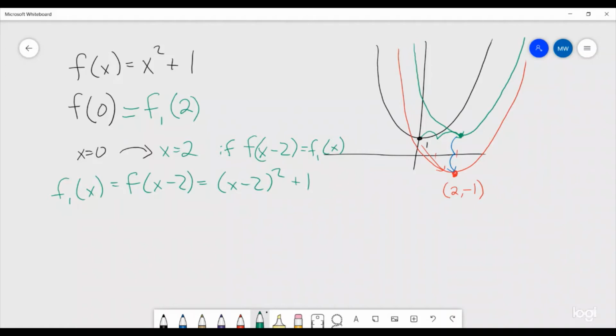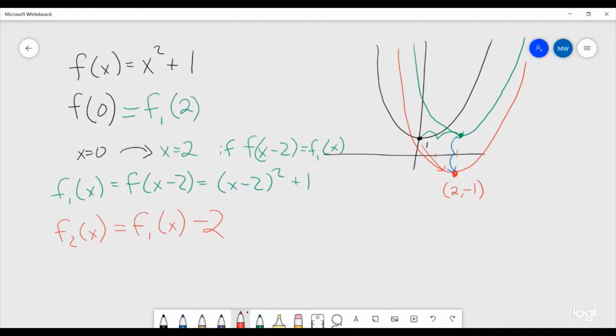The next thing is we have to move it down 2 spots. And this one is going to be accomplished not by affecting x, but by affecting f of x. And so what we are going to get is f2 of x. Why am I using blue? I should use red since that is the color of the parabola. So f2 of x is going to be f1 of x minus 2.